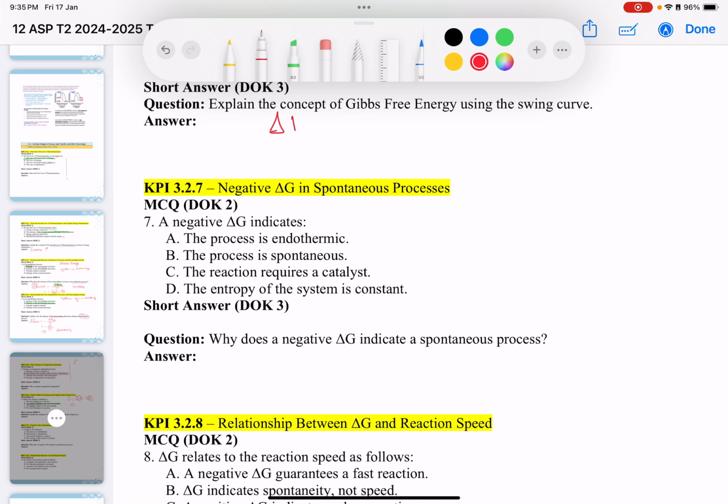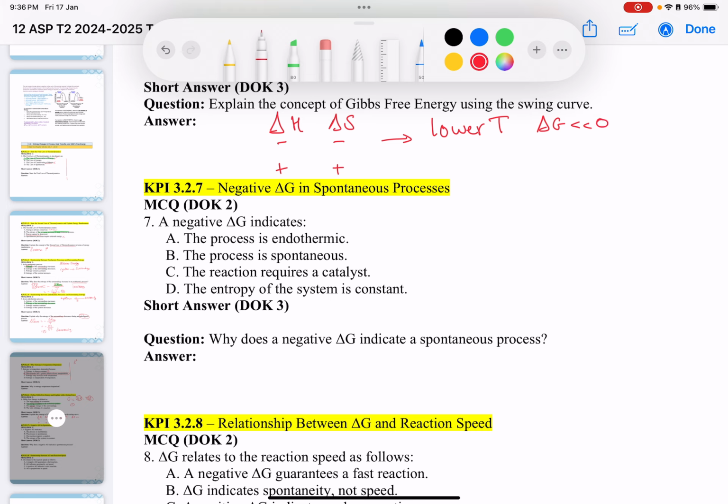Only in the processes where delta H and delta S have the same sign, both positive or both negative, does temperature matter. If both are negative, the lower the temperature, the more spontaneous the reaction becomes.